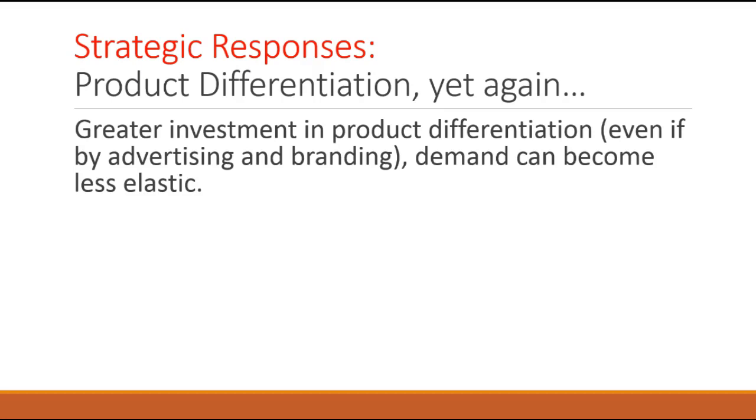If the firm is a seller, if it made a greater investment in making its product more differentiated from the competition, perhaps by advertising, branding, other kinds of marketing devices, or changing the nature of the product itself, it might make demand less elastic. Of course, less elastic demand on the part of the firm's buyers is going to increase the firm's market power.